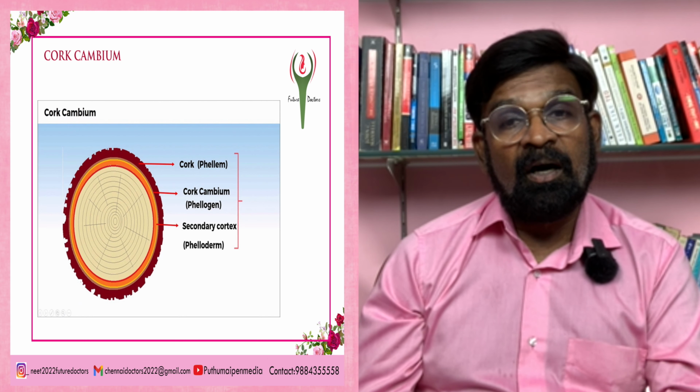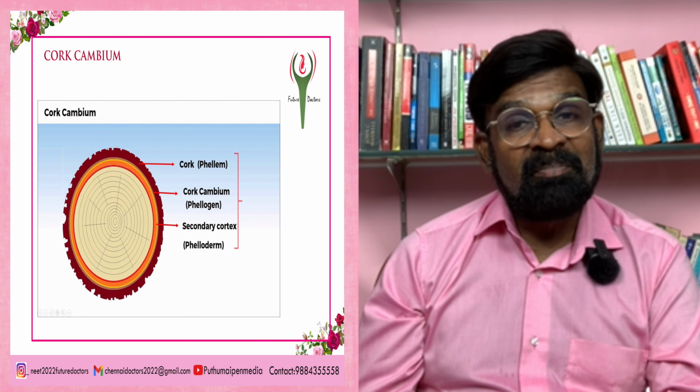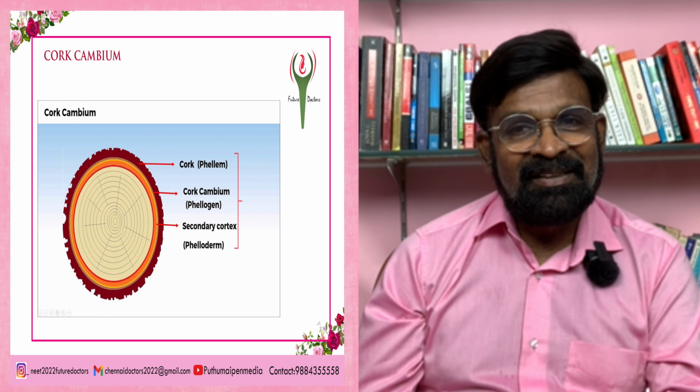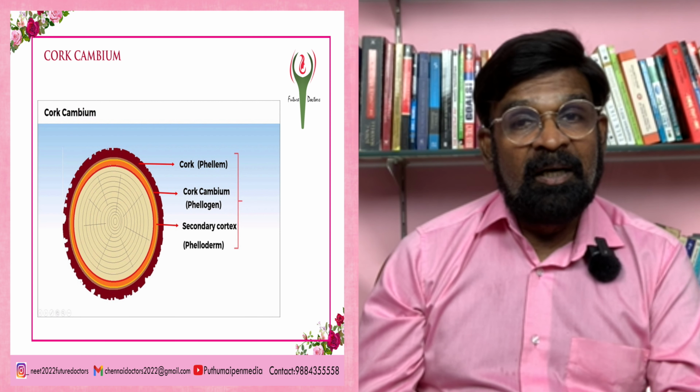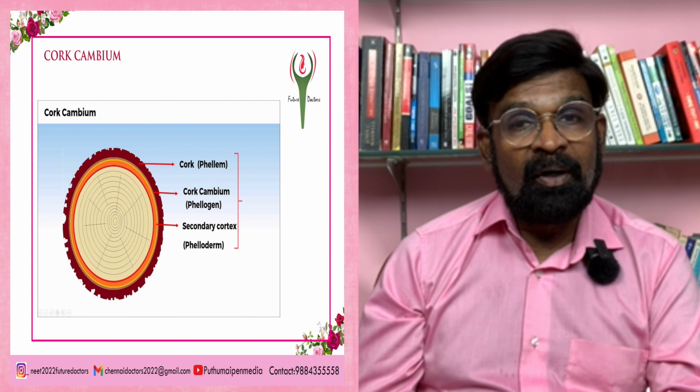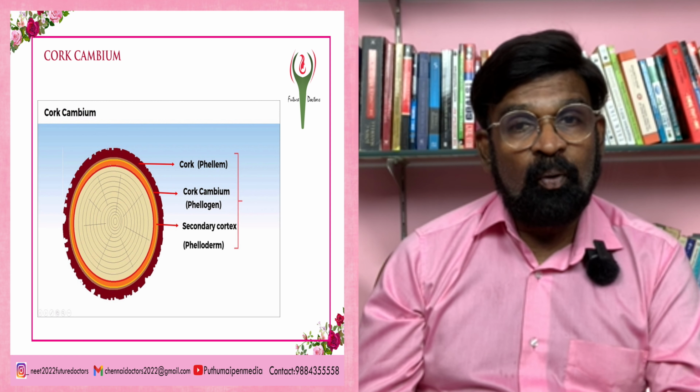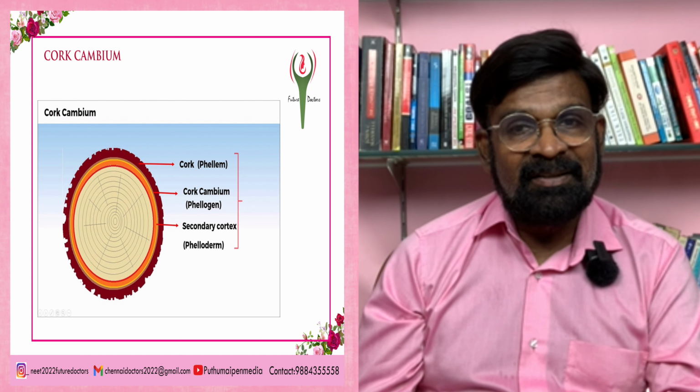Next slide. Cork cambium. The stem continues to increase in girth due to the activity of vascular cambium. Epidermis layers are broken down and need to be replaced to provide new protective cell layers.